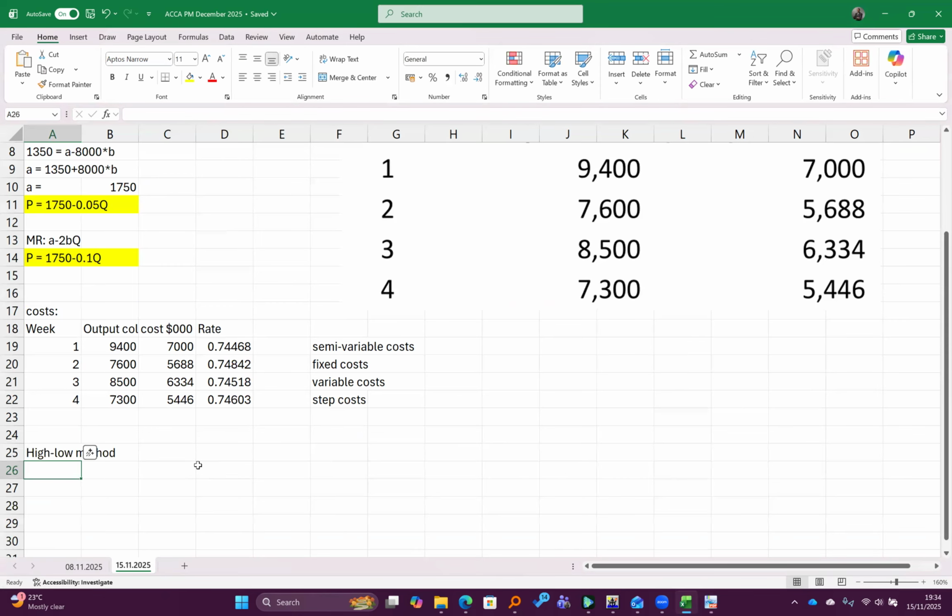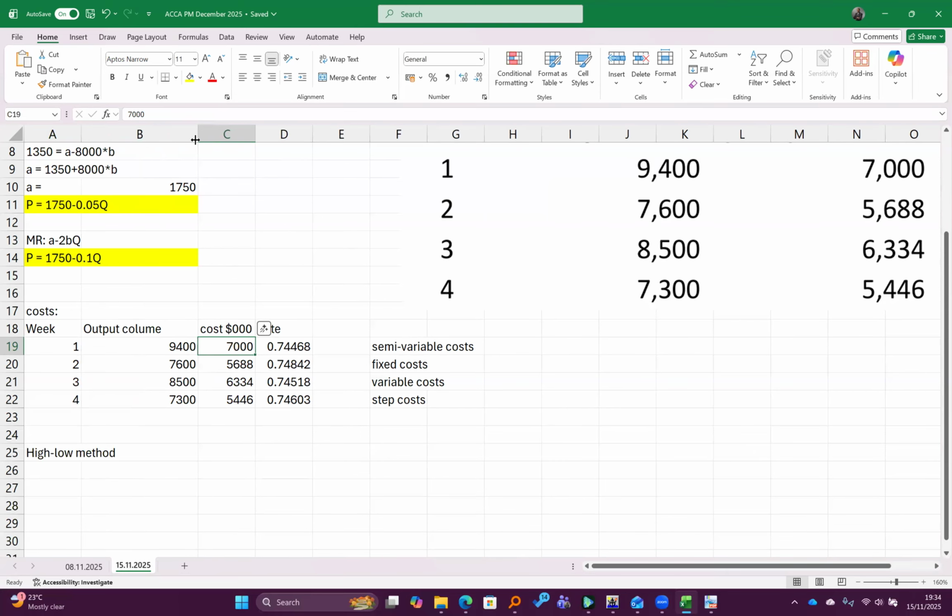So how that works is that you get the highest cost, and actually you look at the volume itself, the output volume. You look at the highest volume and look at the lowest volume.